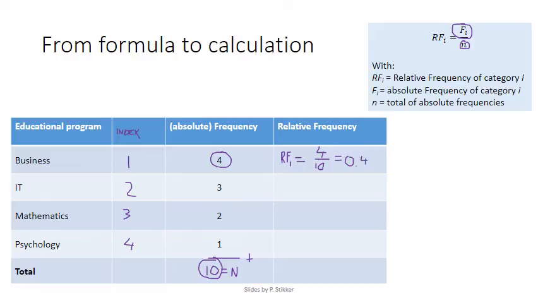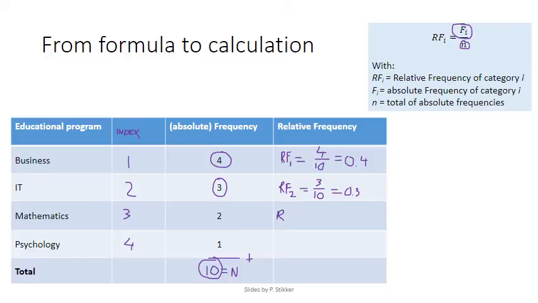If you want, you can multiply this by 100 to get 40%. For the second category, we similarly get that the relative frequency of the second category is the frequency of the second category, which was 3, divided by 10, which will give you 0.3. Again, multiplied by 100 would give you 30%.